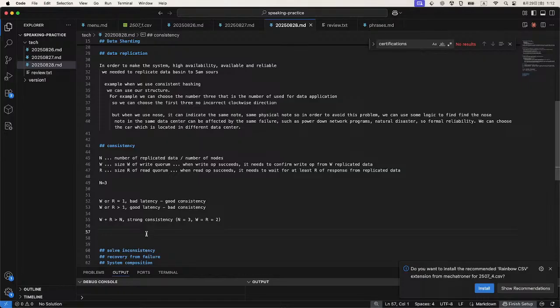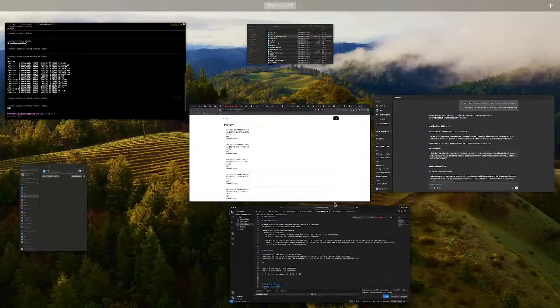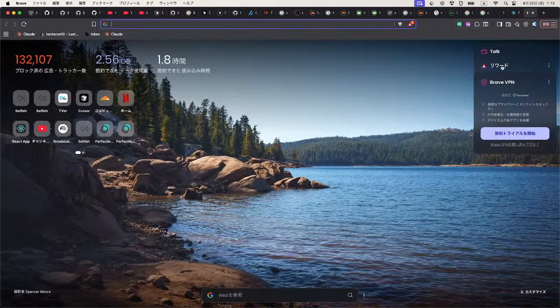And eventual consistency, or I don't know the English translation, at the end.